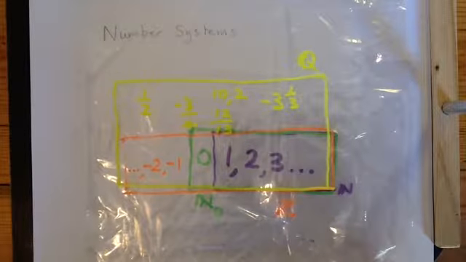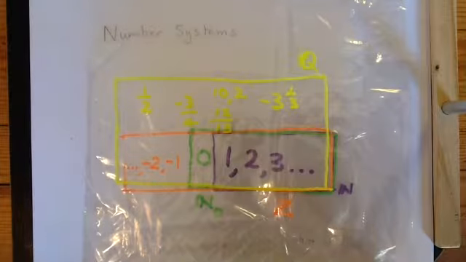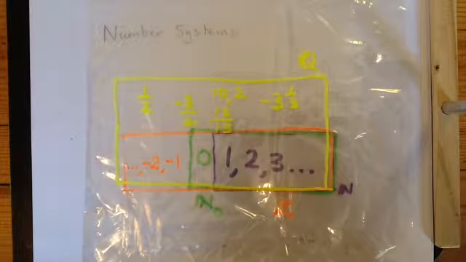Not bad, you get the idea. Now we have the set of rational numbers. So everything in that yellow rectangle is a rational number. Some of the rational numbers are integers. Some of the rational numbers are not integers.